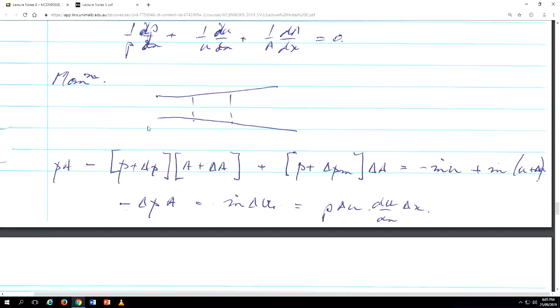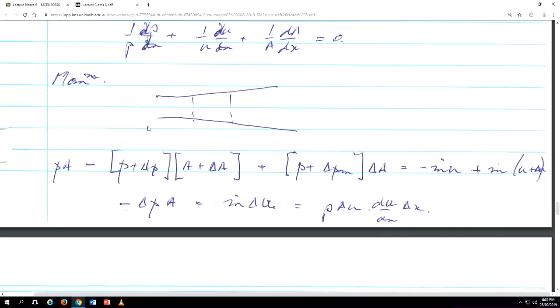Over here, delta P times A is the first order quantity, and the second order quantity is delta P times delta A. So to leading order, it's minus delta P times A. That's the dominant term left on the left-hand side.